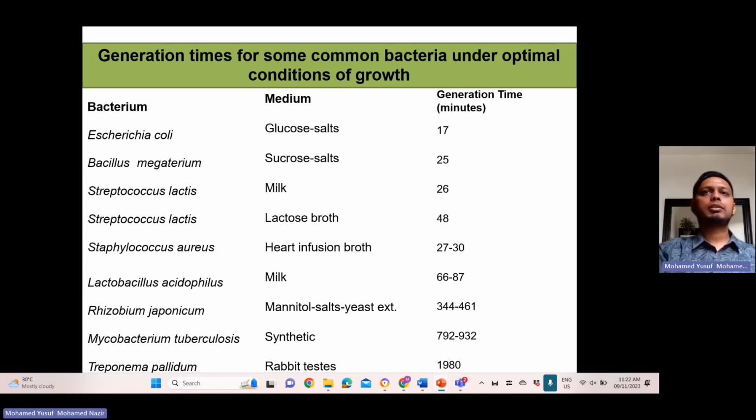Let's say these are what we consider the optimal medium. So 17 minutes is the generation time required for E. coli under ideal growing conditions. If the condition is not as ideal, for example the growing medium doesn't have sufficient nutrients, obviously it will take a longer time as well.